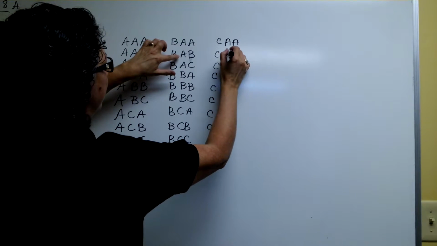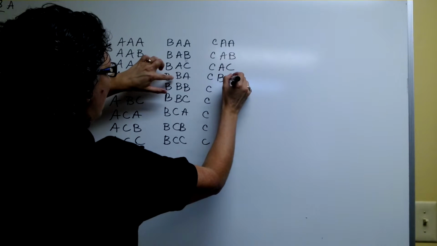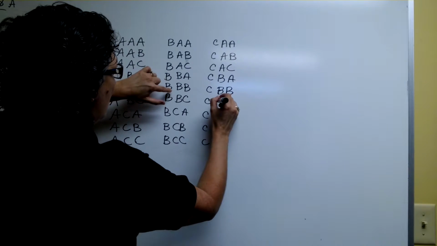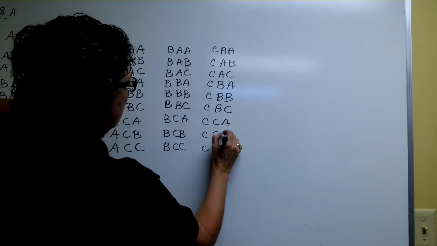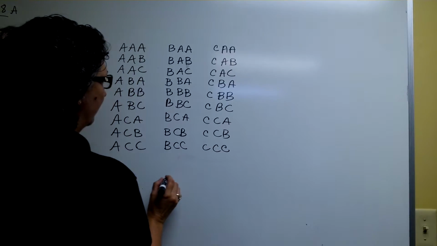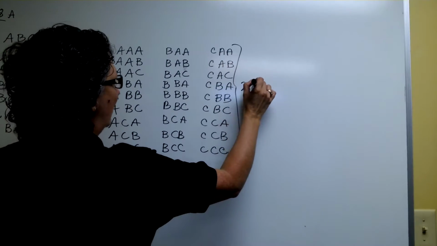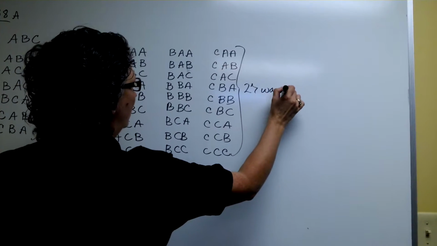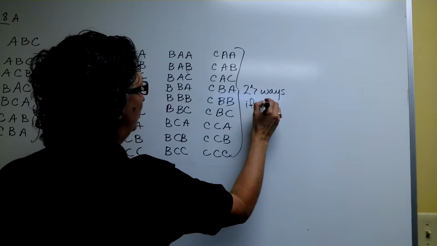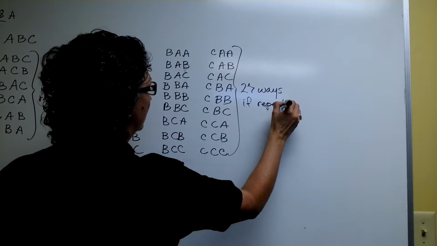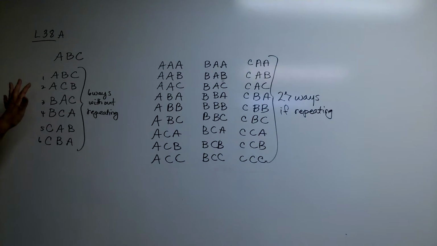AA, AB, AC, BA, BB, BC, CA, CB, CC. So I have a total of 27 ways to arrange the letters A, B, and C if repeating is possible. Only 6 ways if I can't repeat.